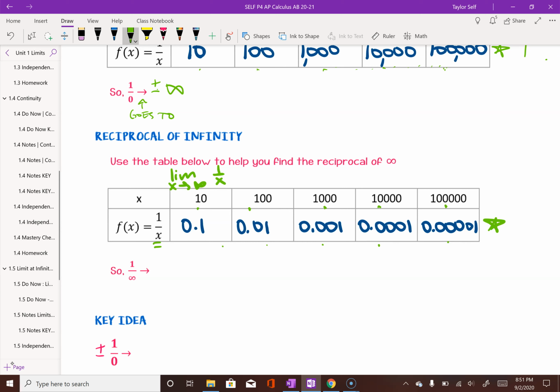What are these y values getting closer to? What is this limit approaching? Go ahead and put that in the box. Okay, because they're getting smaller and smaller, and you have more and more zeros after the decimal, 1 over infinity is getting closer to, or it is going to, 0. 1 over infinity goes to 0.